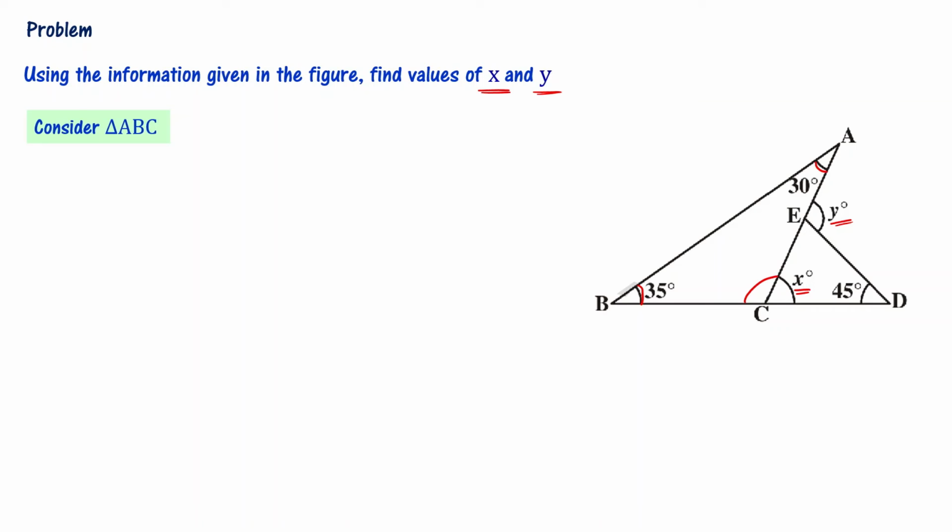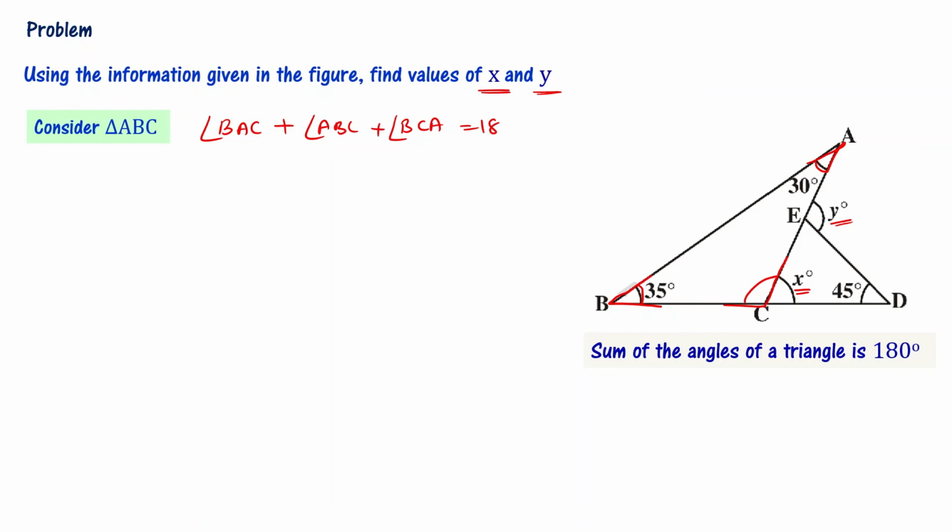The three-angle sum is going to be 180 degrees, right? Sum of the angles of a triangle is 180 degrees. It means we can write angle BAC, this particular angle, plus this angle, angle ABC, plus this particular angle BCA.